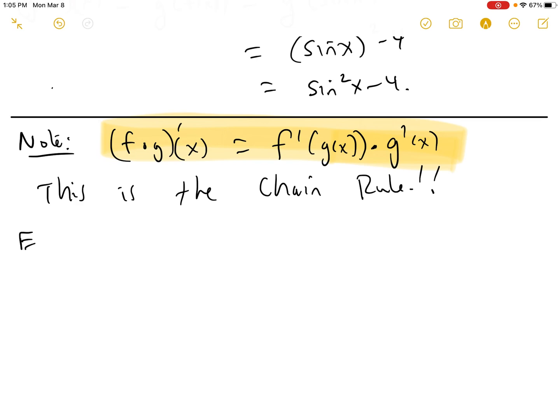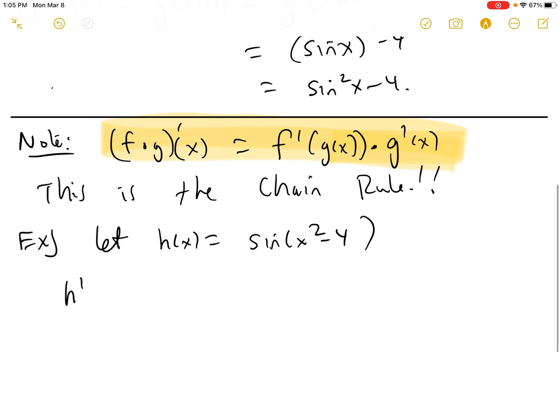So here's an example. Let h of x be the sine of x squared minus 4, which is what we had above. So h prime of x is going to be the cosine of x squared minus 4.